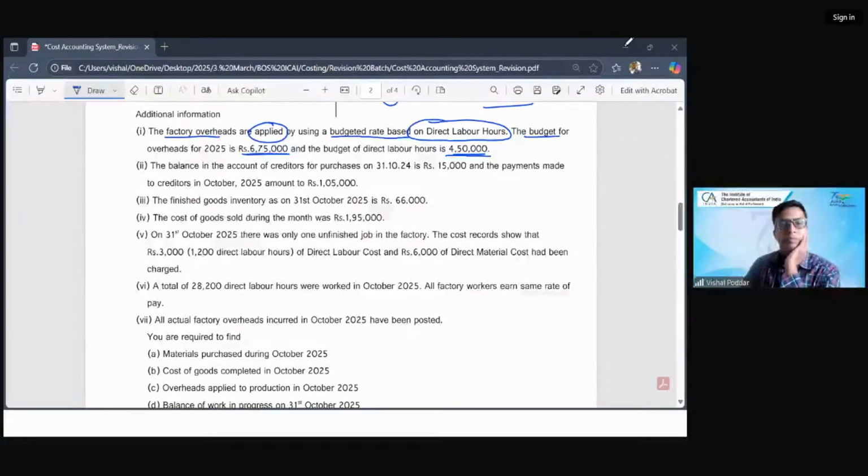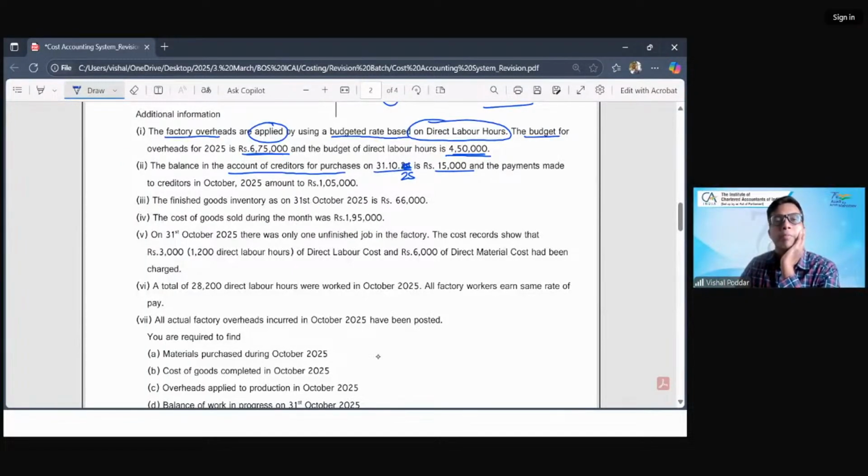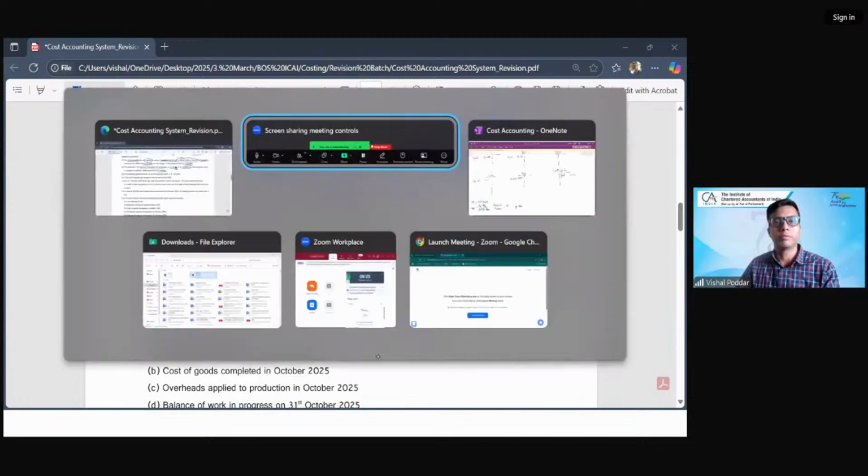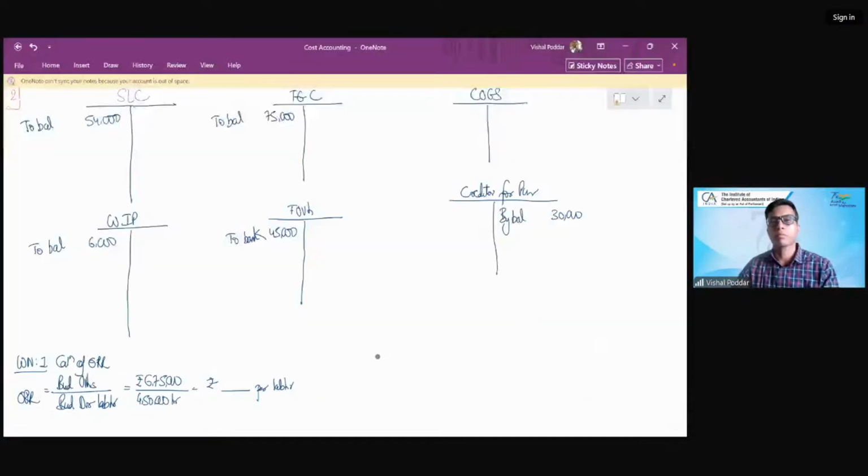Okay. Then the other data given is balance in the account of creditors on, again, the last day of the month is 15 and the payments made are 105. So balance 15, payments made are 105.